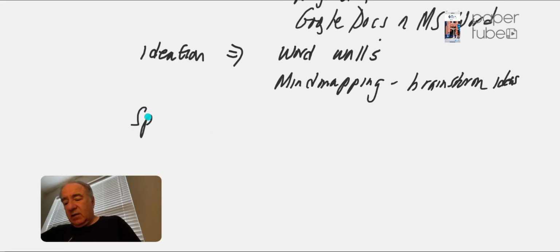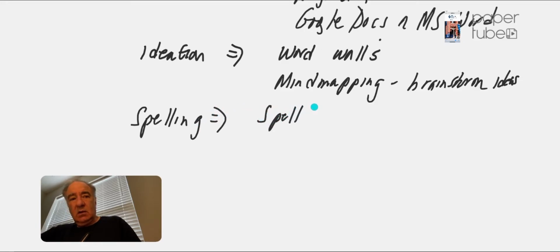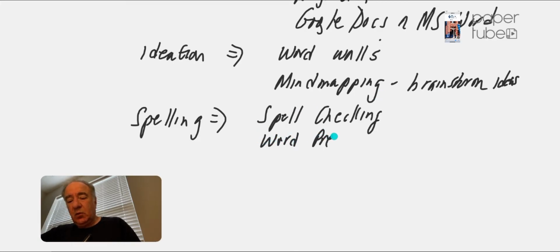In the area of spelling, students can certainly use spell checking that's built into a lot of the applications. But for students who are very challenged by spelling, they may want to try to use word prediction.